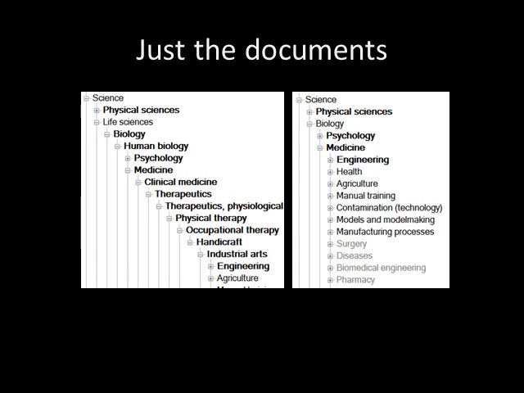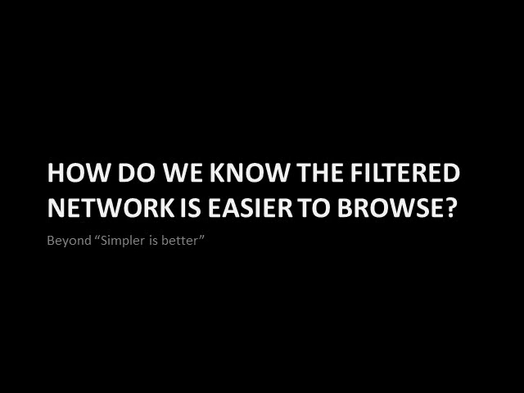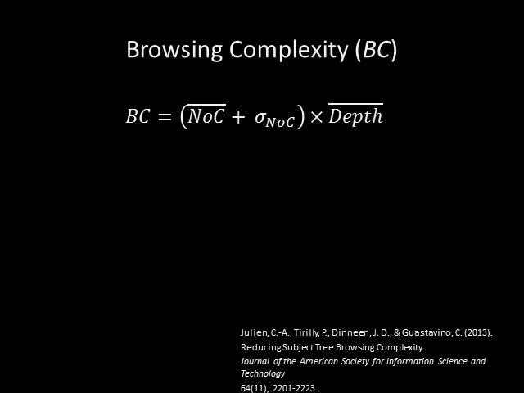So how do we know that the filtered network is actually easier to browse, beyond the idea that simpler is better? It's often a strong argument, but we wondered how we could quantify the difficulty of browsing. So we went about it doing a very impressive scientific formula with a combination of means and standard deviations.